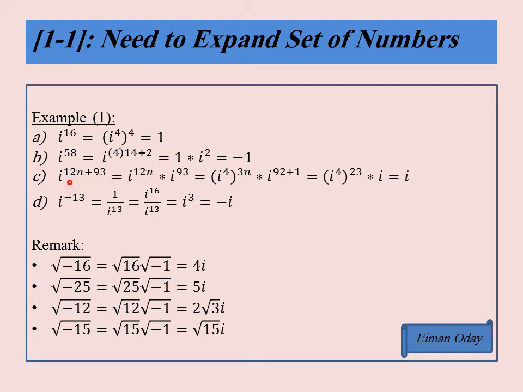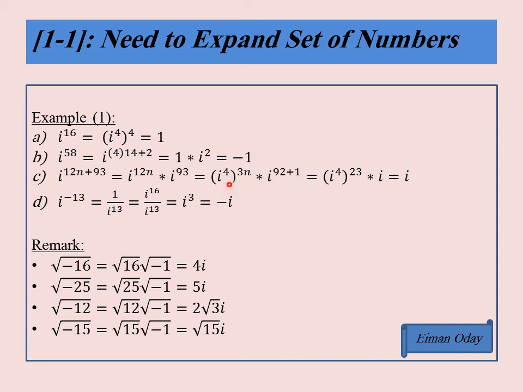Even if we talk about i to the power 12n plus 93, we separate these two parts of the exponent into i to the power 12n times i to the power 93. 12n is going to be represented as 4 multiplied by 3n, and 93 will be represented as 92 plus 1.